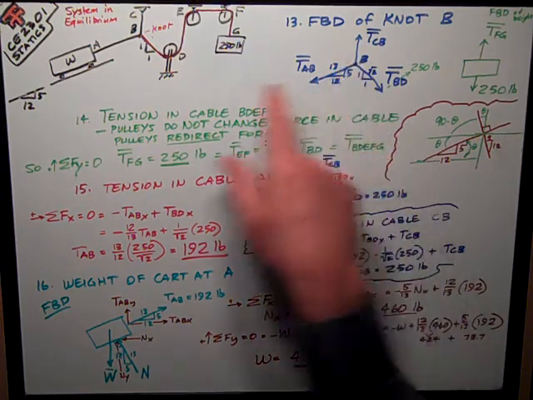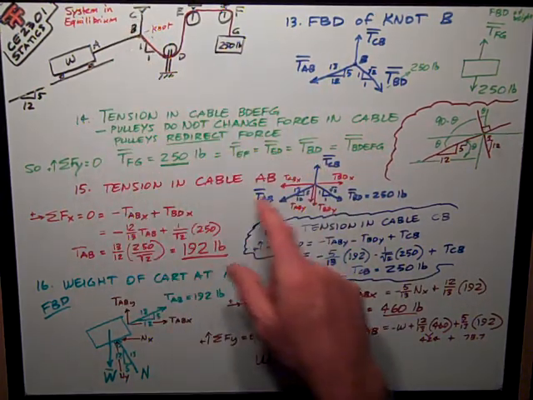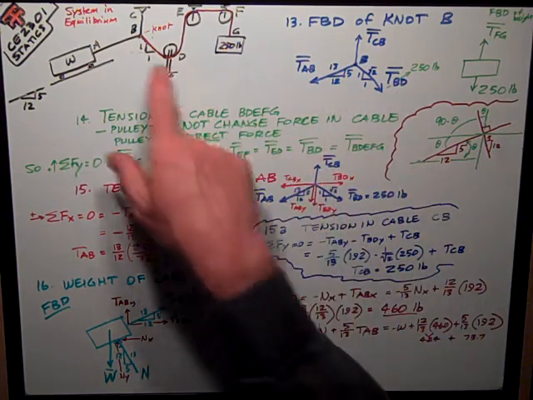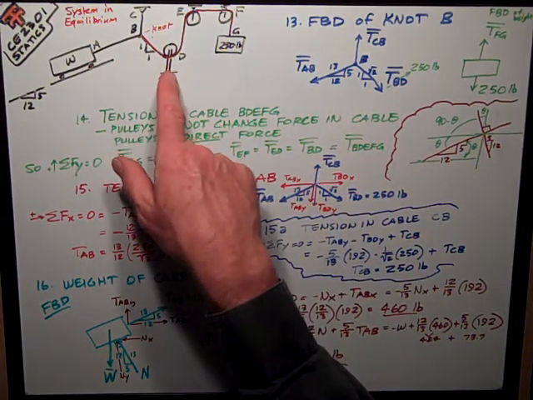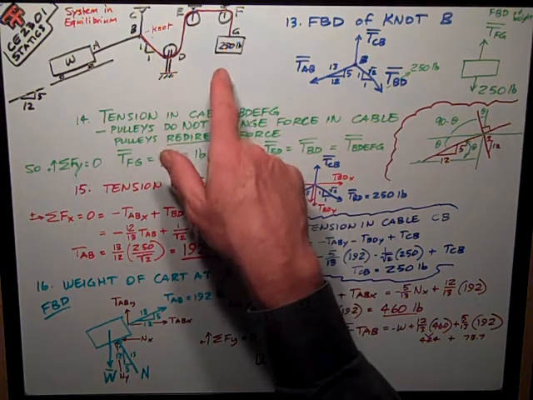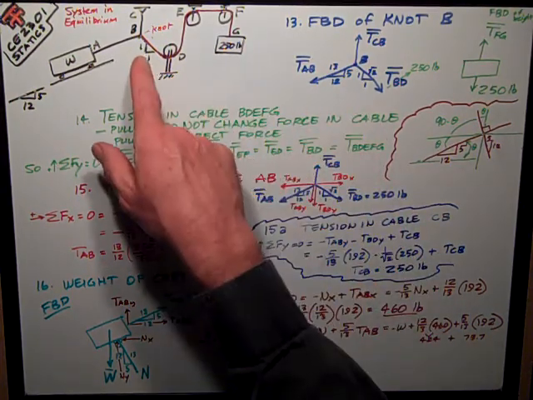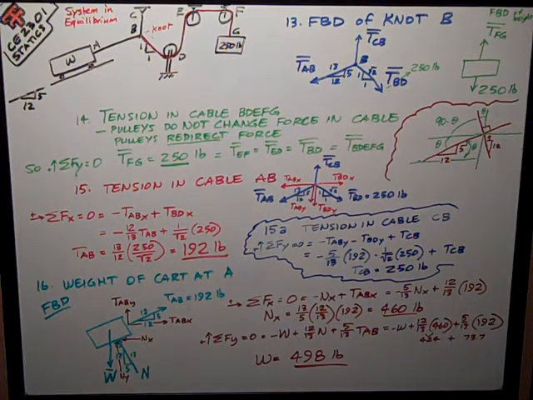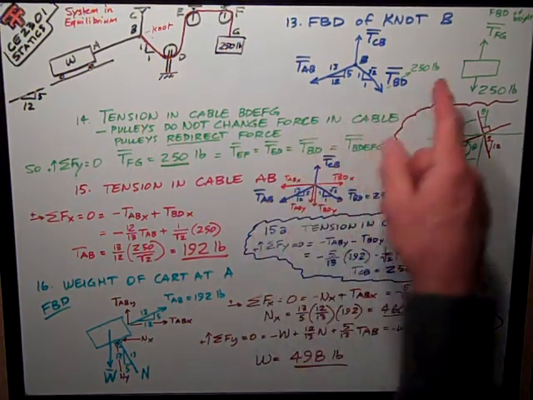I have TCB going up vertically to point C, and then I have the force in the cable TBD, which is the cable that runs over the pulleys and to the weight. Remember, it's going at a 1-to-1 slope. So I've shown that.